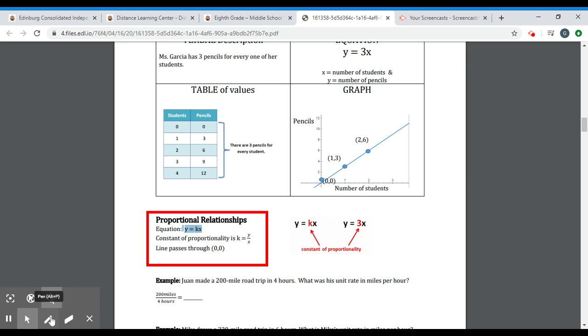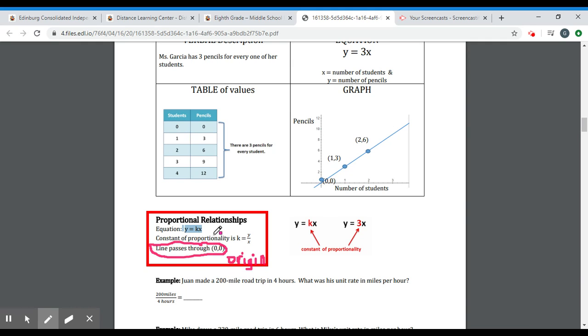And how do we know that? Well, remember that with proportional relationships, the line always passes through 0, 0, which is also known as my origin. Because I do not have a y-intercept and I automatically pass through 0, 0, that's what makes it proportional.